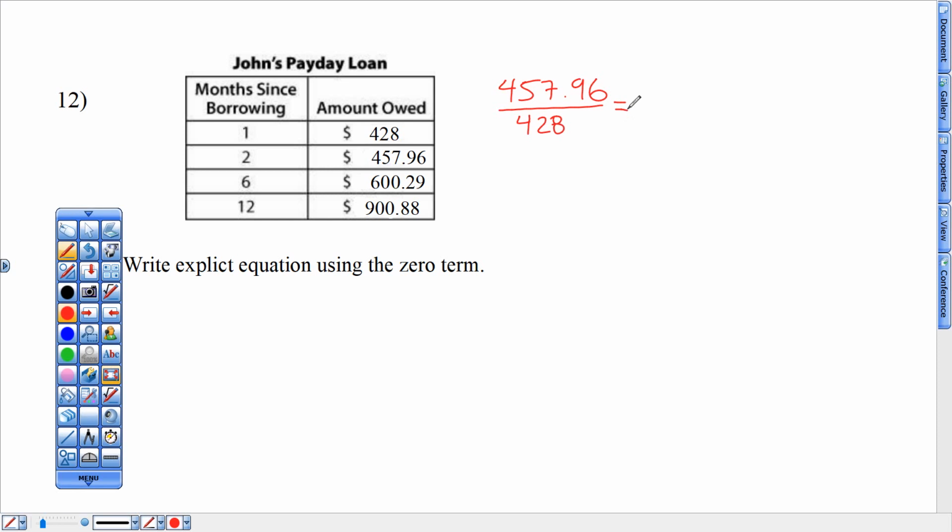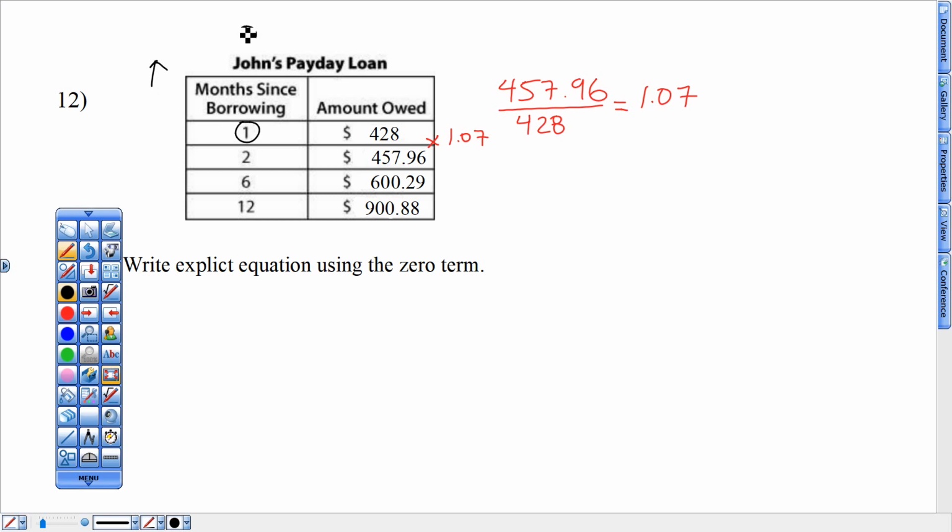So 457.96 divided by 428 equals 1.07. That's the number that's going to be in parentheses for this exponential. That's the number I'm multiplying if I want to go from 428 to 457. 428 times 1.07 equals 457.96. Try it.